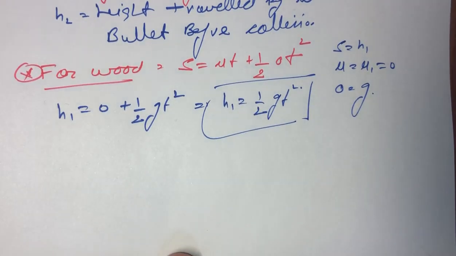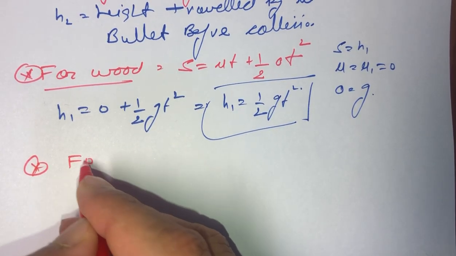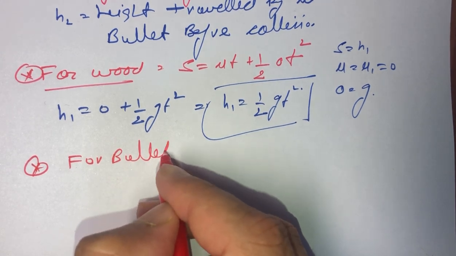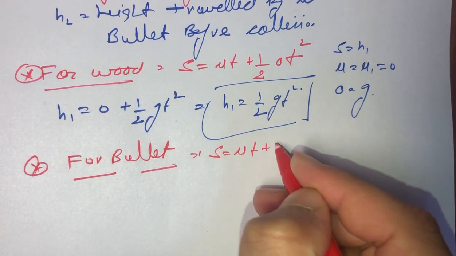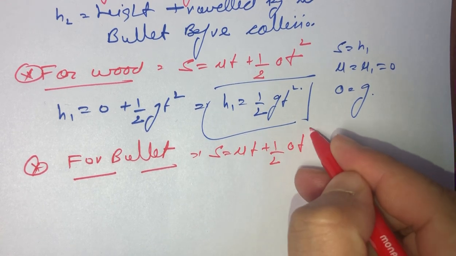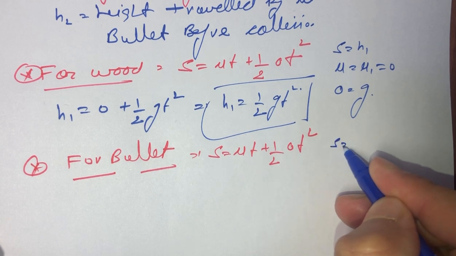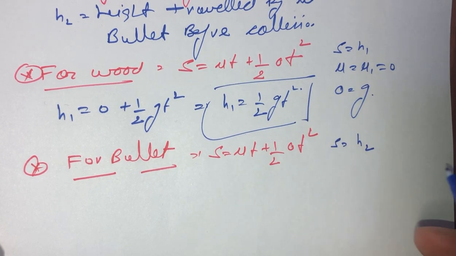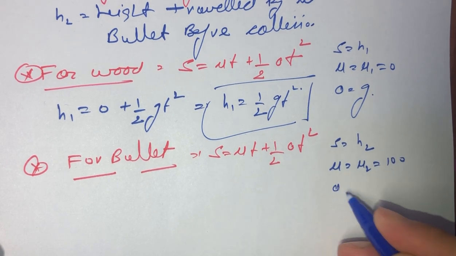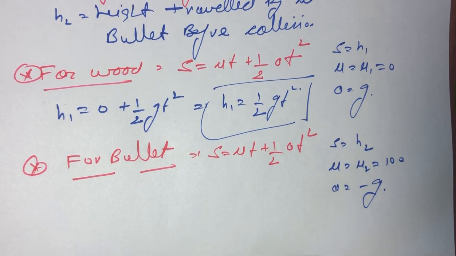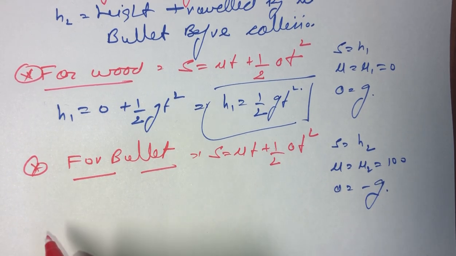Similarly, we can write for the bullet also. For bullet, S is equal to ut plus half at square. Here the distance S is s2, u is equal to u2, which is given as 100, and a is equal to minus g, and once again t is the time during which the distance s2 is traveled.